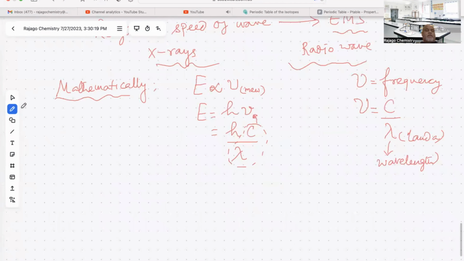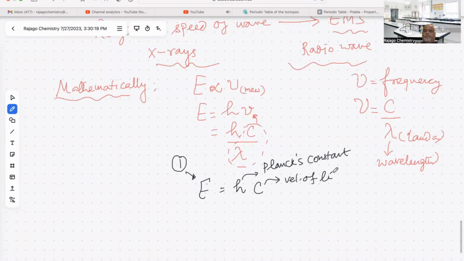There are 4 parameters here. Energy, h, which is called the Planck's constant, c, which is the velocity of light, and lambda, which is the wavelength.